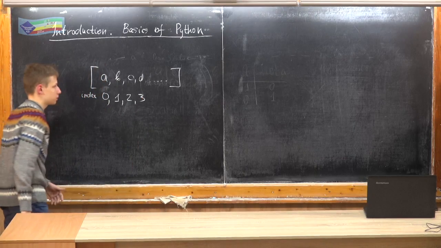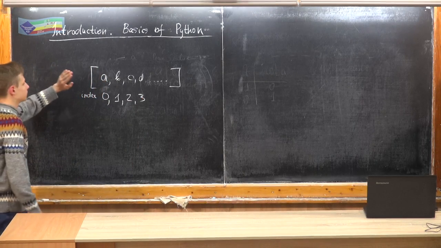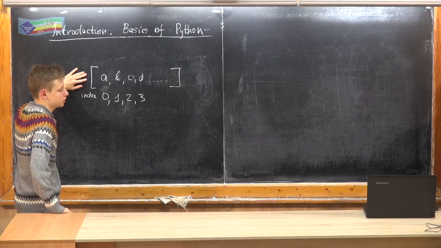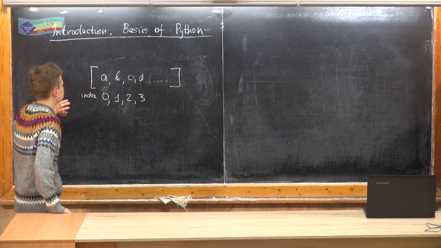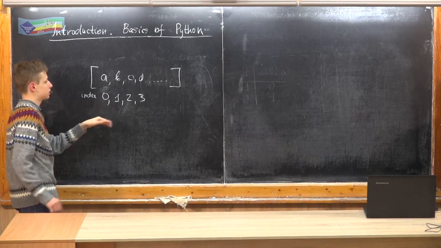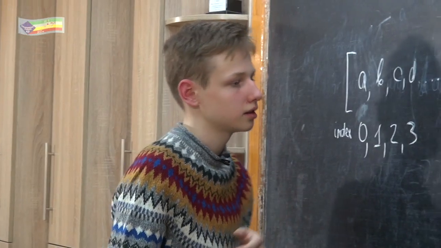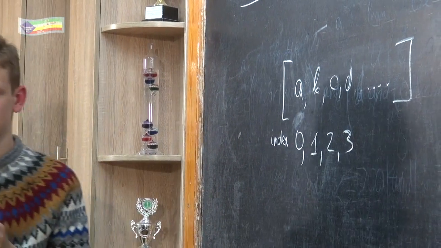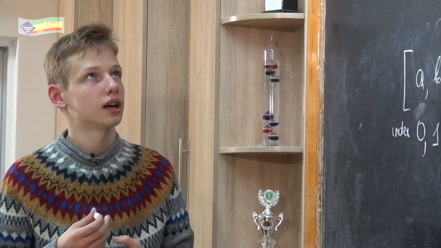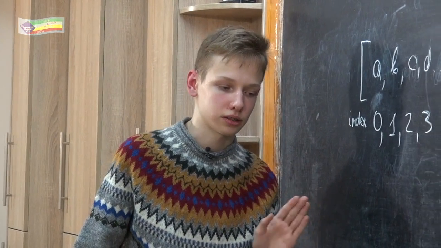For example, you want to print only elements whose index is bigger than 3. Then you can't do it by just looping through the list, and you'll need another structure.